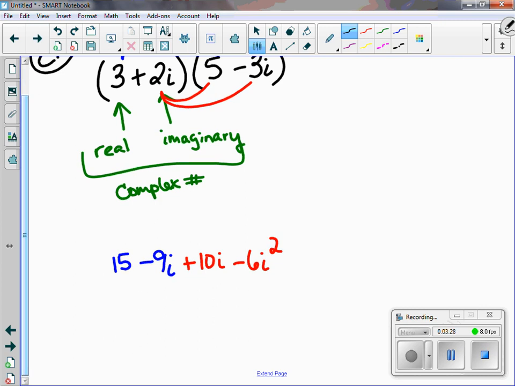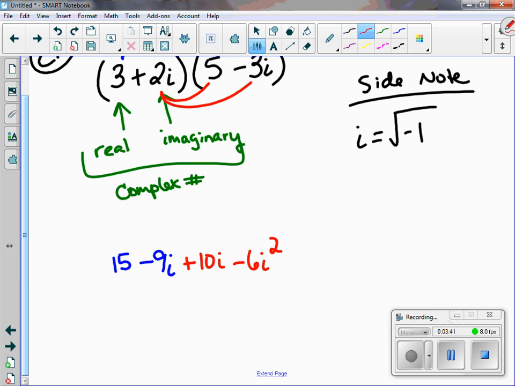So if i equals the square root of -1, if I were to square both sides, well, what happens to a square root when it's squared? It cancels out. So i squared is realistically -1. So that's actually going to alter my answer here.